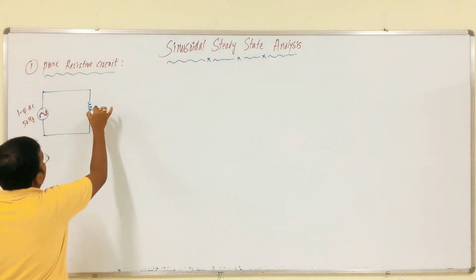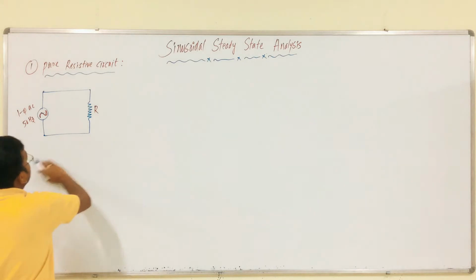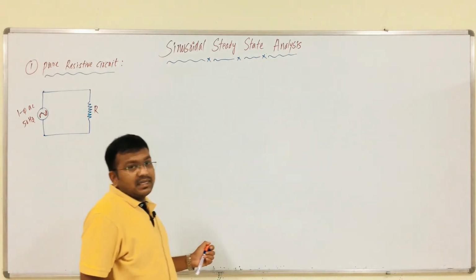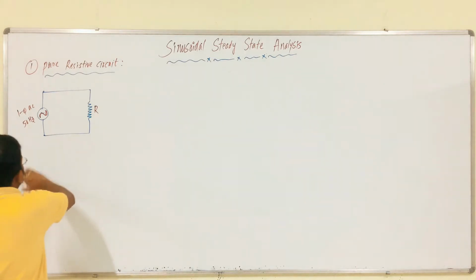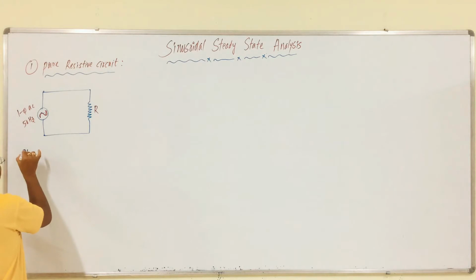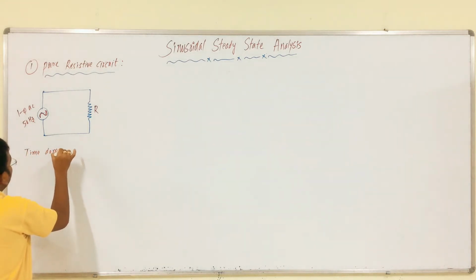Then we have R only. This is the pure resistive circuit for sinusoidal steady state analysis. First I will discuss the time domain, okay.